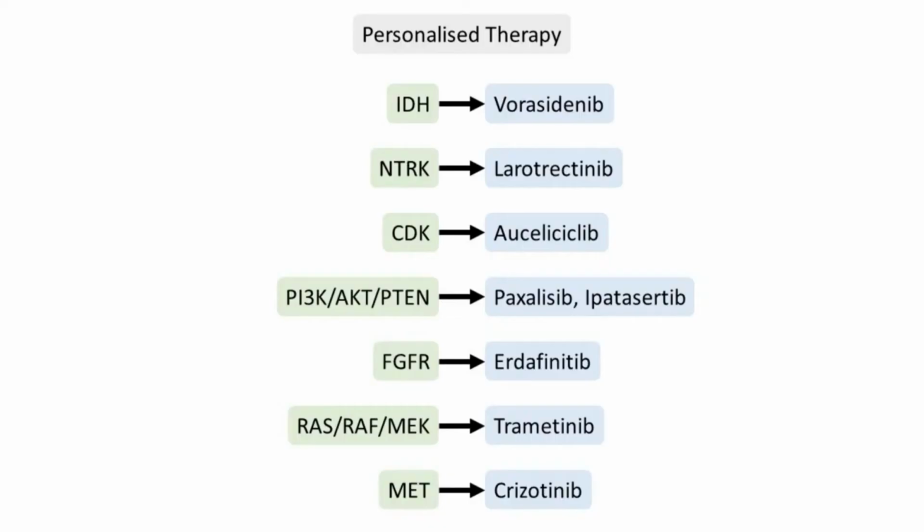Some of these tumors, a very small proportion, have this thing called an NTRK alteration, and we have some drugs that can actually target this quite effectively. At the moment, if we know that your tumor has this, the MOST program has a sub-study that allows access to larotrectinib. And then there are a range of other potential growth pathways that we sometimes find, and there's a whole group of drugs that have been developed trying to block these individual pathways.